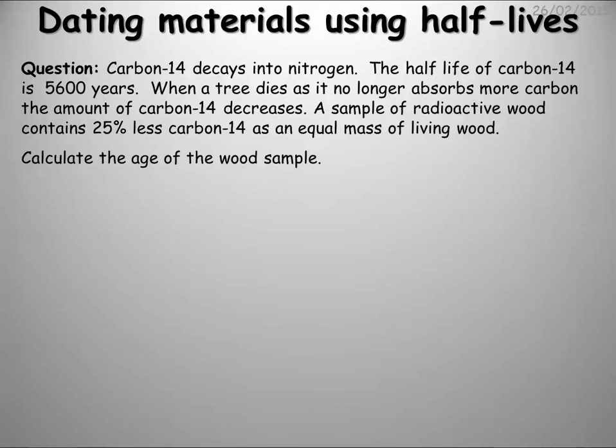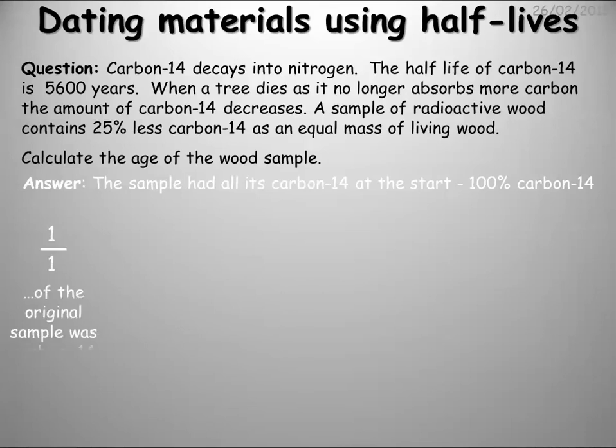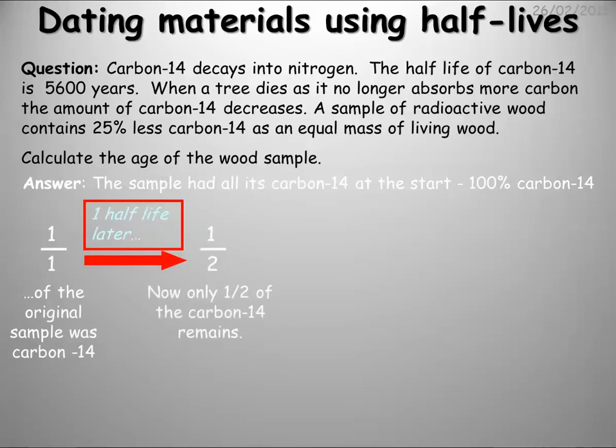Okay, here's the solution. So we need to see how many half-lives it takes to go down to a quarter. Well, we start with the fact that when the tree was alive, 100% of the carbon-14 existed. So all the carbon-14 was there, and that starts off as 100%, or 1 over 1 of the original sample. 1 half-life later, that's dropped to a half, so now only 50% remains.